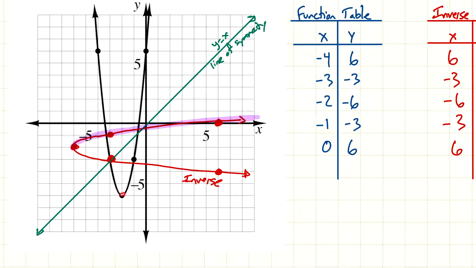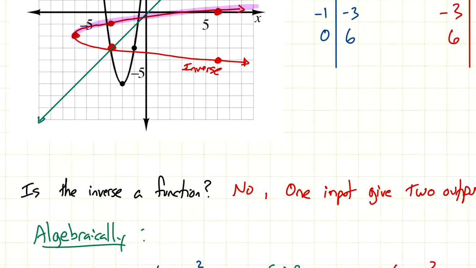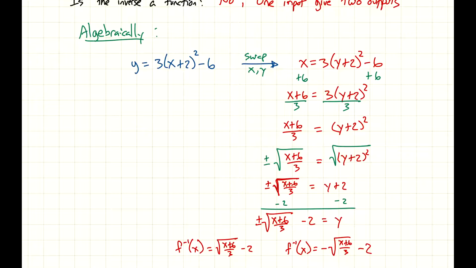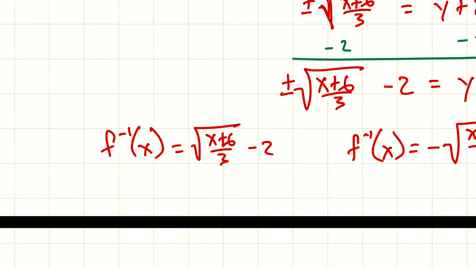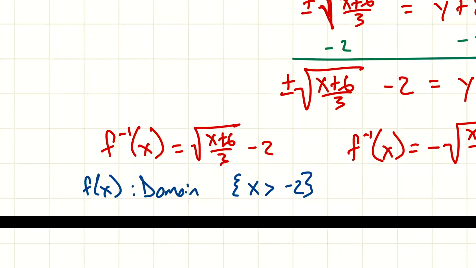So let's see. That means if we only want the original, then the original function's domain has to be x greater than -2.